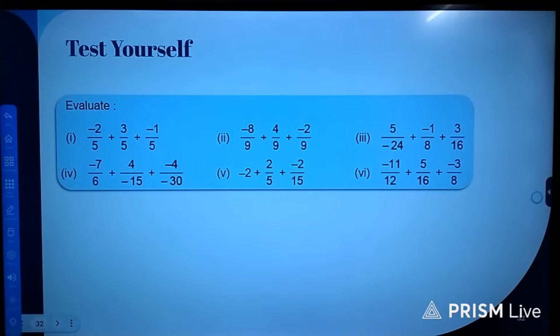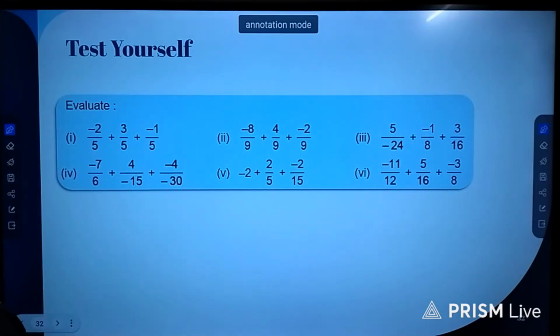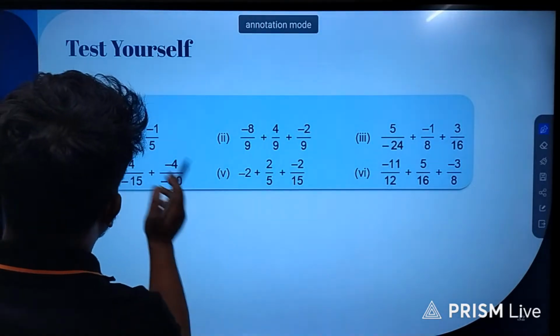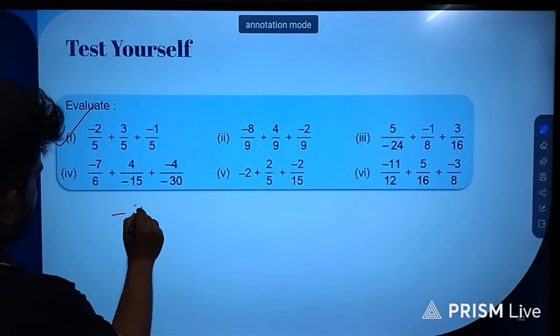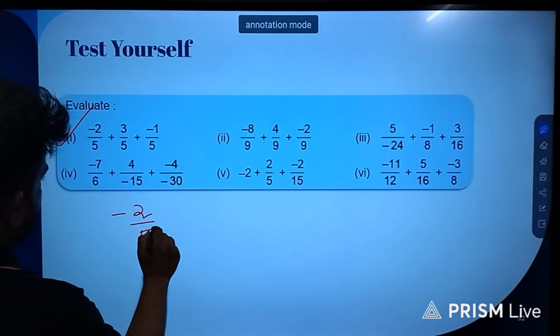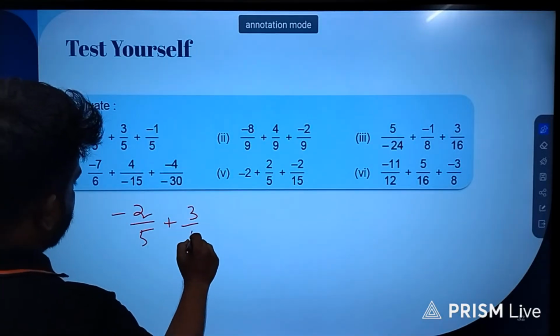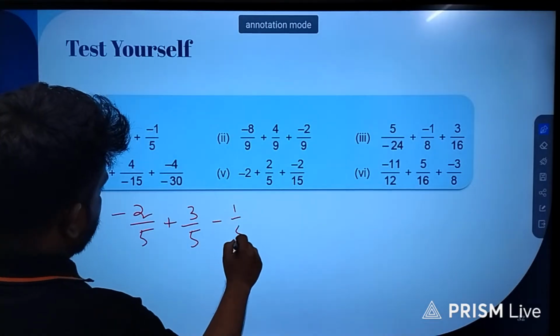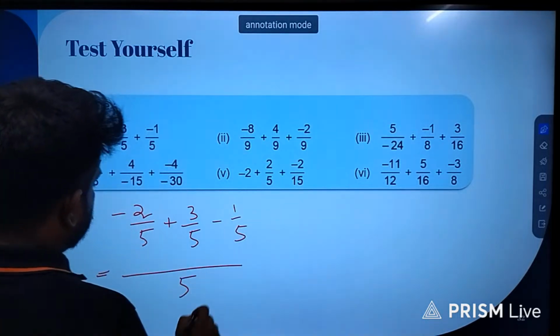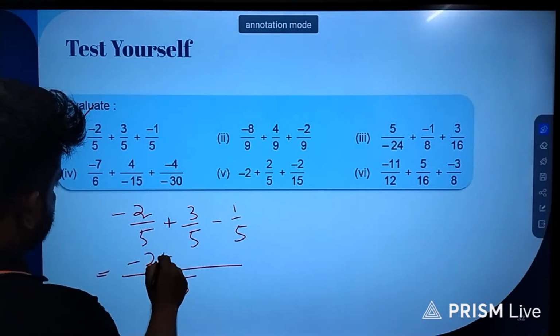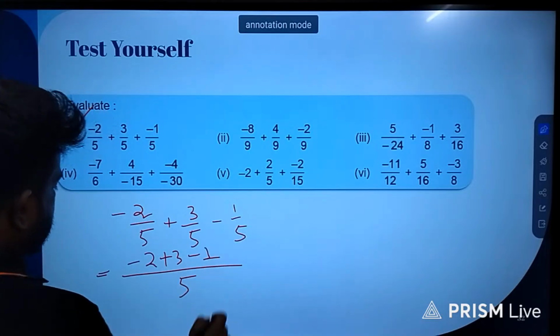So the first one is minus 2 by 5 plus 3 by 5 plus minus 1 by 5. If I am doing number 1, we have to write it like minus 2 by 5 plus 3 by 5 minus 1 by 5. We know that minus and plus makes minus. So it will be having 5 as the denominator and minus 2 plus 3 minus 1 in the numerator.